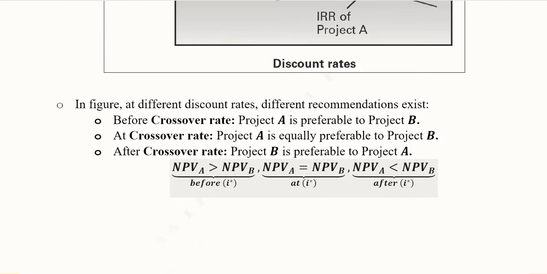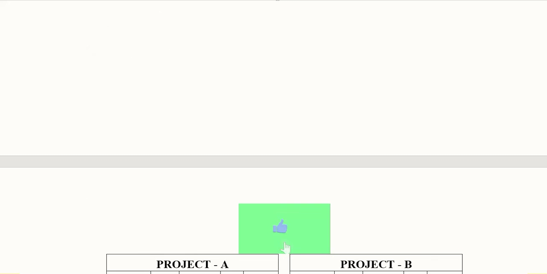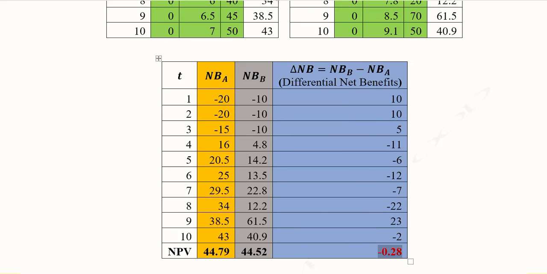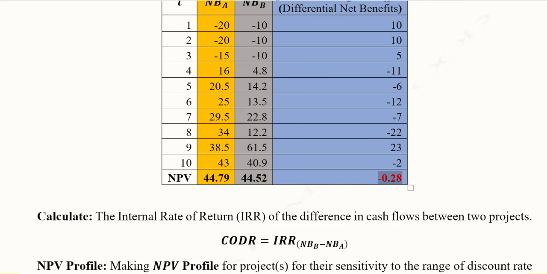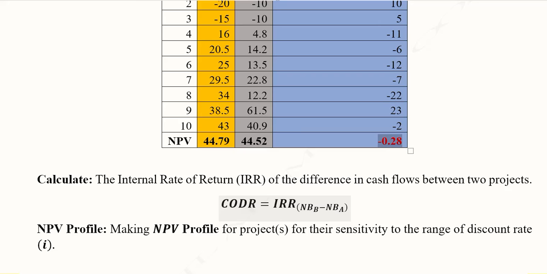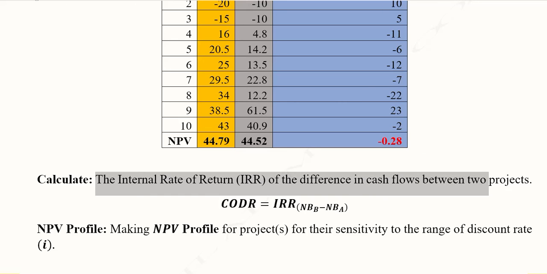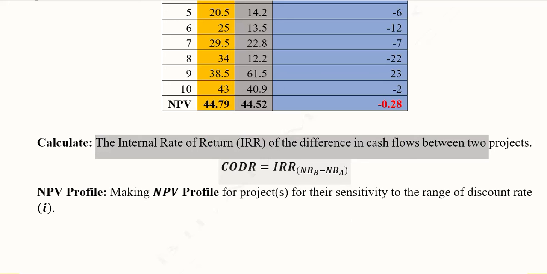So this is the logic of calculating the difference of the two net benefits that we can use to find out the crossover discount rate. So what we understood is that if we calculate the IRR for this difference in the cash flows of the two projects, we will get the crossover discount rate.